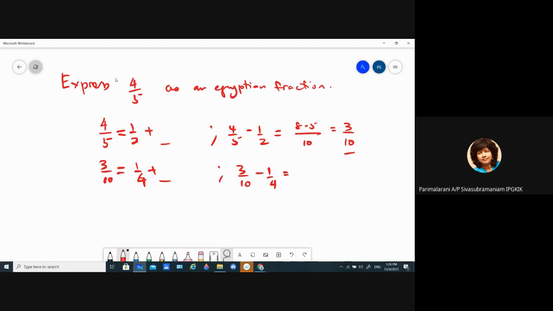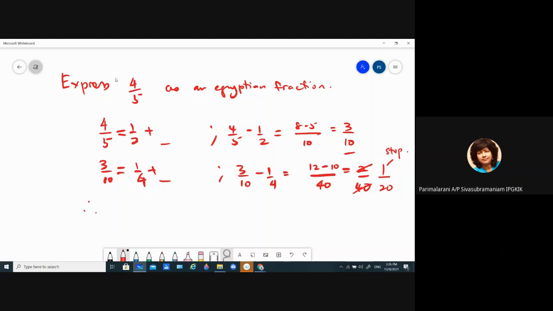Okay. So this will be 40. 40 divided by 10 is 4. 4 times 3 is 12 minus 40 divided by 4 is 10. 10 times 1 is 10. This is 2 over 40. So you see 2 over 40, we can simplify this. So it becomes 1 over 20. When it becomes a unit fraction here, then we can stop already.